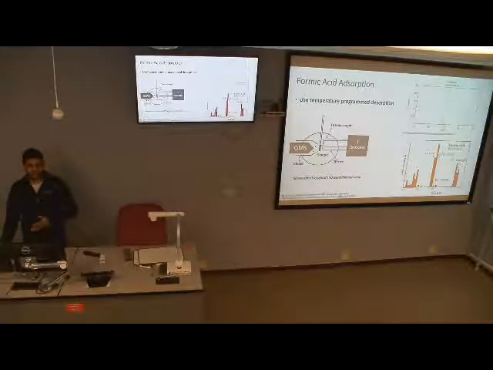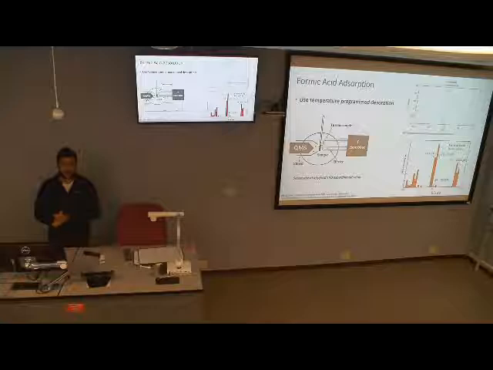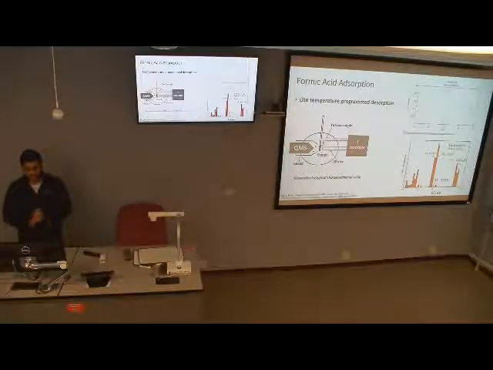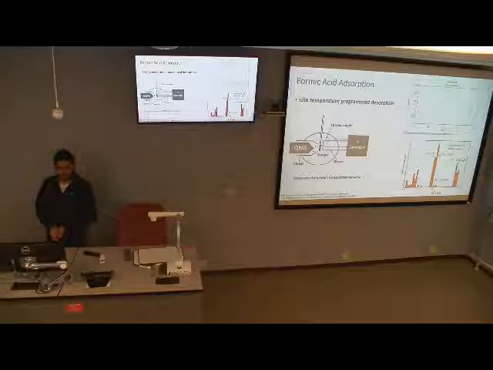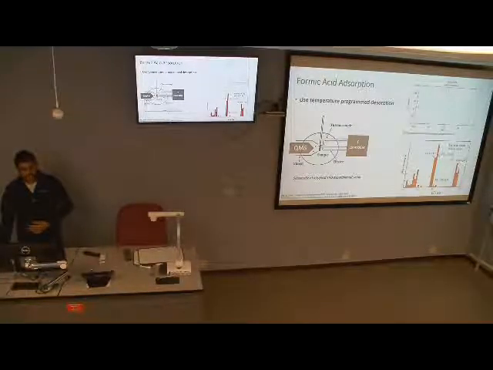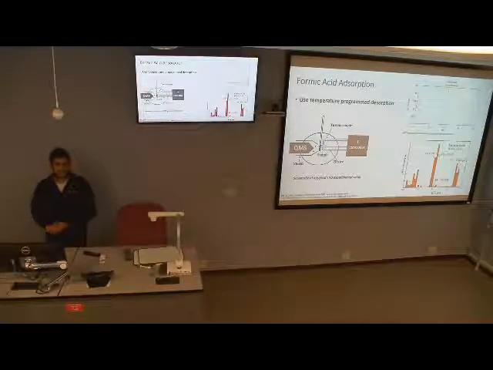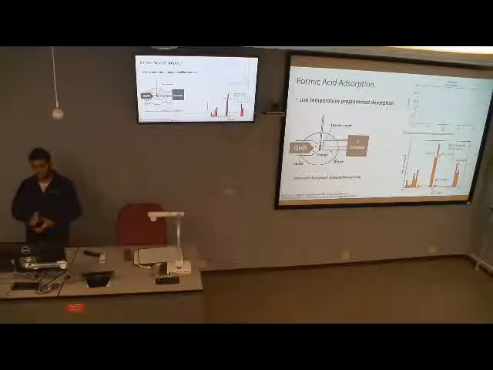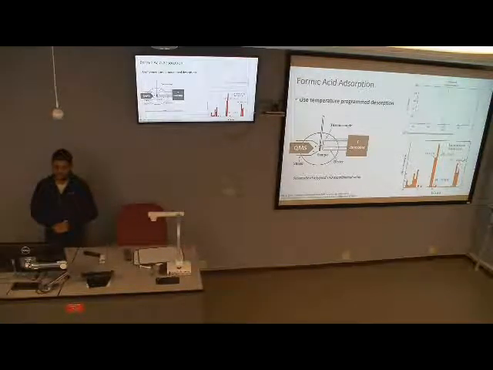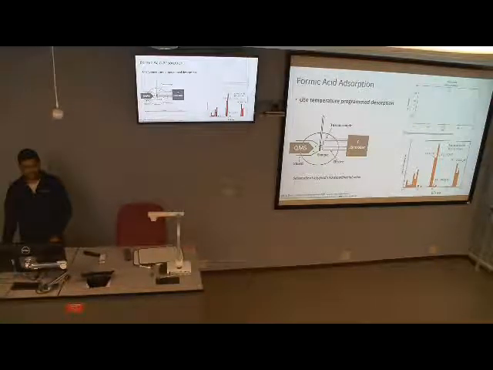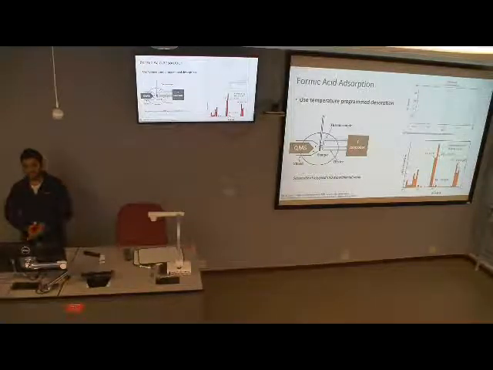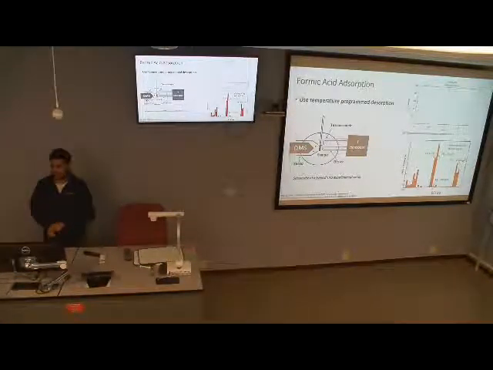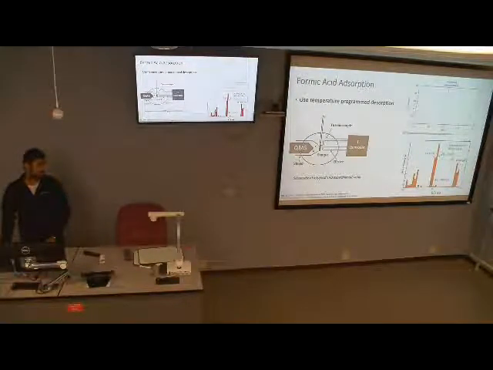Initially we kept this thin film around 100 Kelvin, at very low temperature, and we dosed formic acid inside the vacuum chamber by backfilling. At such a low temperature, the desorption rates are minimal, so we expect the formic acid to adsorb on the surface. Then we linearly ramp the surface temperature, and the desorption fragments from the adsorbed formic acid were detected using this residual gas analyzer, a mass spectrometer.